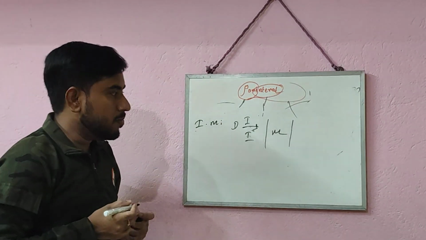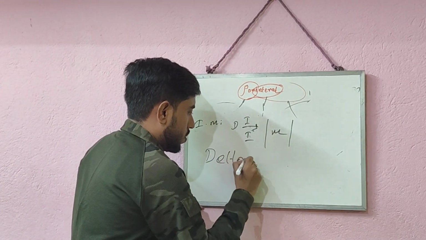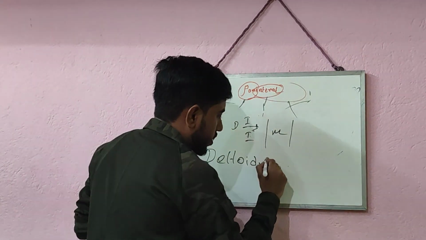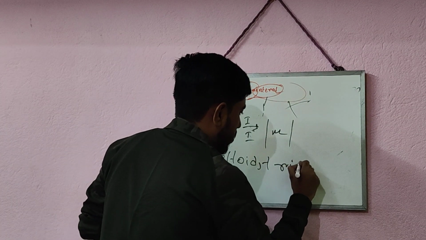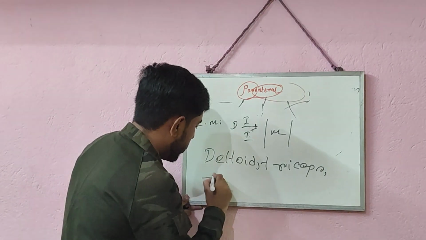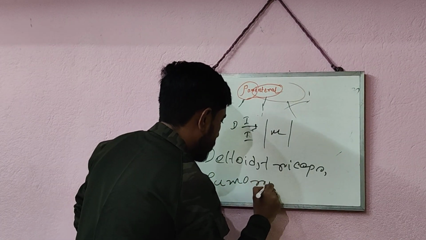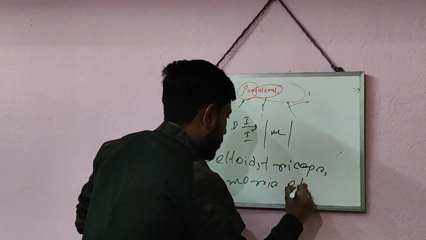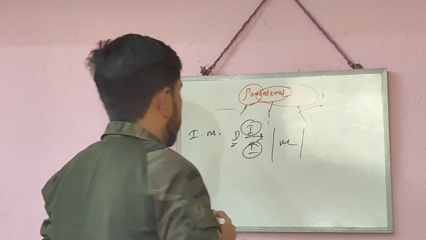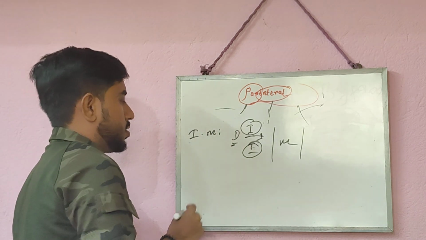Here we can use different muscles, like the deltoid muscle, triceps, and femoris. Okay, now I am going to explain the intramuscular route for parenteral drugs.